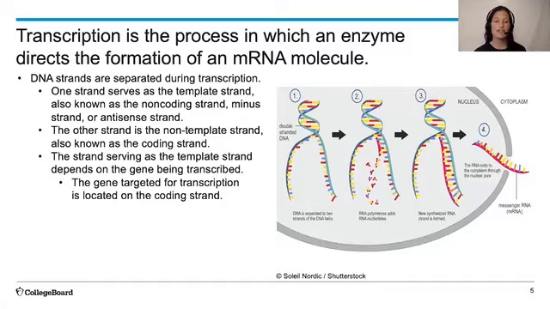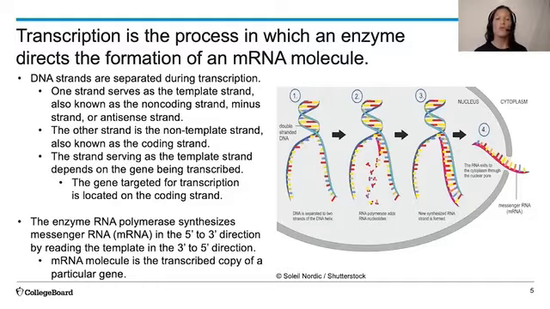The strand that's going to serve as the template depends on the gene that is being transcribed. The gene that is targeted for transcription is therefore located on what we call the coding strand. What happens then is the enzyme RNA polymerase is going to synthesize messenger RNA, which we usually refer to as mRNA, in the 5' to 3' direction by reading the template in the 3' to 5' direction.